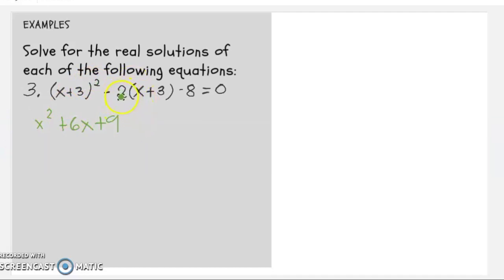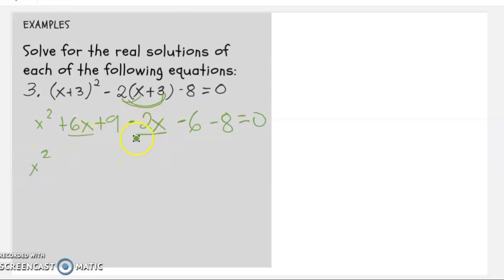Oh, sinortcut ko na para mabilis. Next, multiply natin si negative 2 dito sa dalawa. So, negative 2 times x is negative 2x. Negative 2 times positive 3 is negative 6. Then, kopyahin lang natin si minus 8 equals 0. Then, pagsumahin yung like terms. So, itong si 6x tsaka si negative 2x. O, kopyahin ko na lang si x squared.